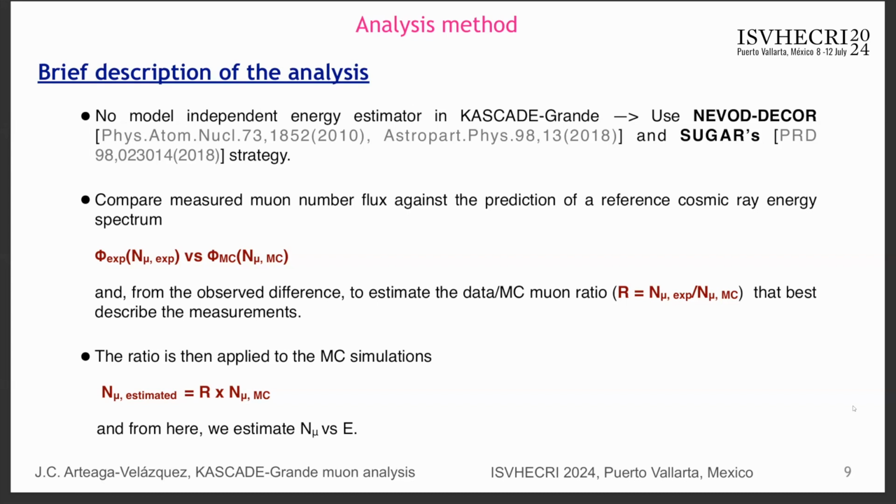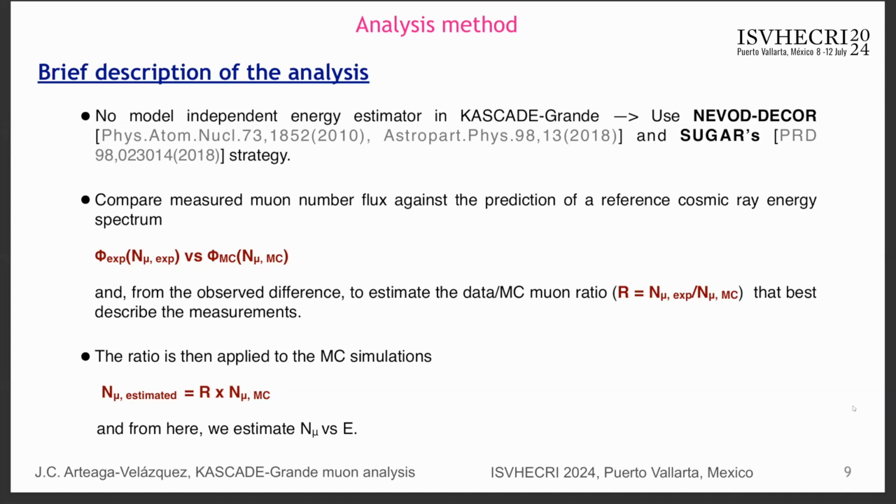The idea is to compare our muon flux with the one predicted by some reference energy spectra. In principle, it was supposed that all the experiments should measure the same energy spectrum.